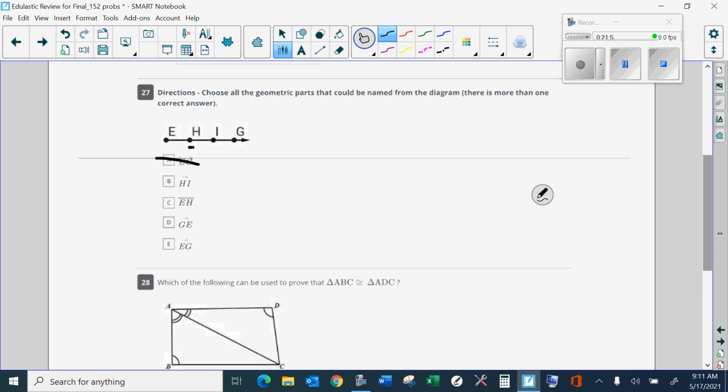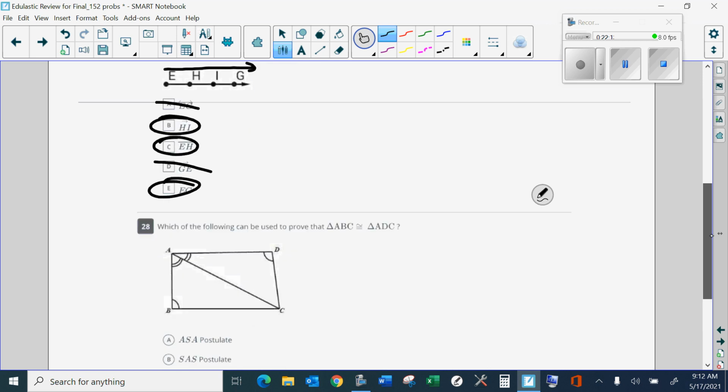I would start here and go on here forever. Okay, so that's there. Segment EH, yes, that's there right there. Ray GE, that means it starts at G and goes through E forever. That is not there. And ray EG, yes, starts at E, goes through G forever. So there you go right there.